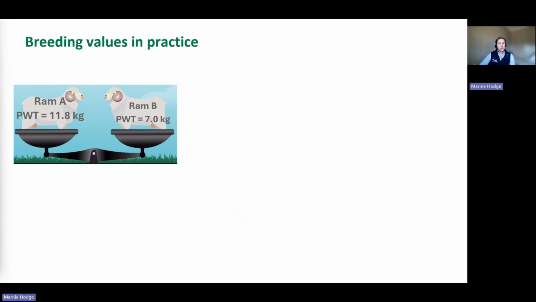If we take this example a little further, we can apply some assumptions to figure out essentially what the cost difference is between choosing a higher and a lower performing sire. If we very simply look at post-weaning weight, for example, we've got our Ram A and our Ram B examples here again.